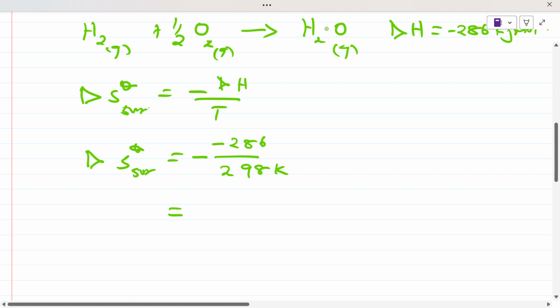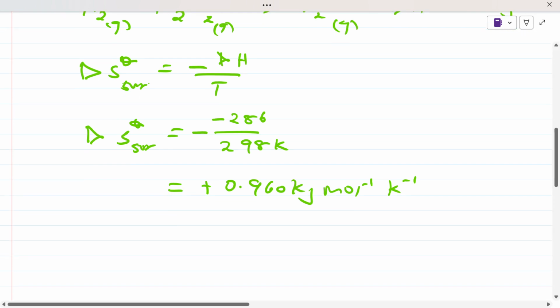If you do such a calculation, you're going to realize that the answer you get here is simply positive 0.960 kilojoules per mole per Kelvin, because you divided a certain amount of enthalpy change by Kelvin.